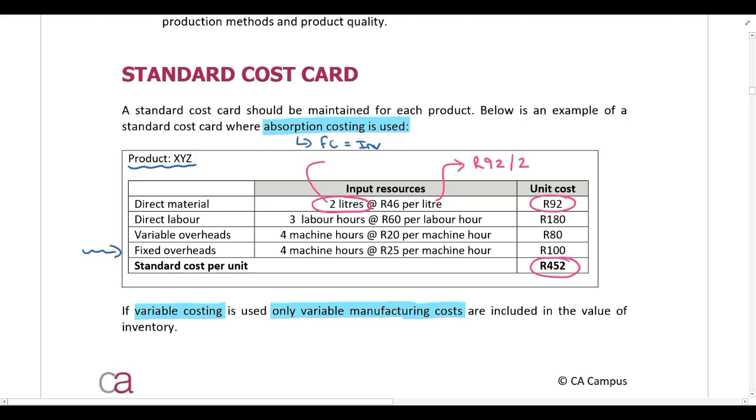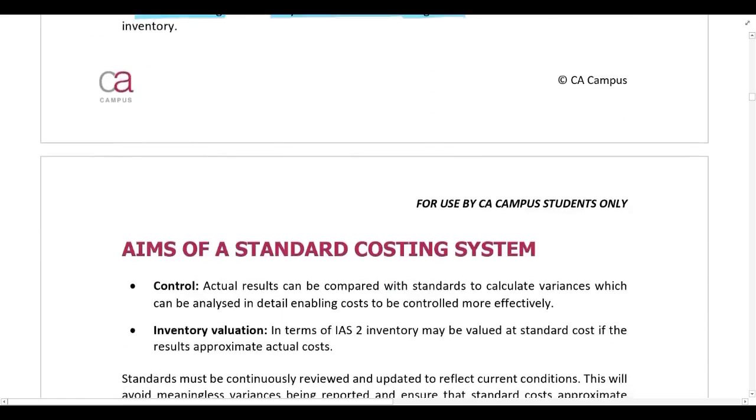On the other hand, if they don't give you the number of liters, you can calculate the number of liters by taking the unit cost and dividing by the cost per liter, and then you'll get the number of liters. So just make sure that you understand the relationship between all of the costs, and you can work backwards to calculate any missing information that you might need. All right, so that deals with your standard cost card.